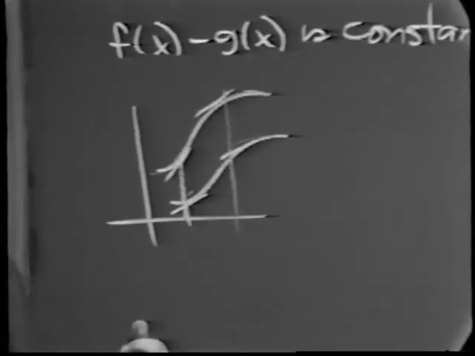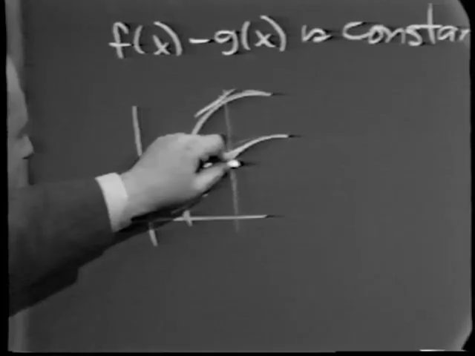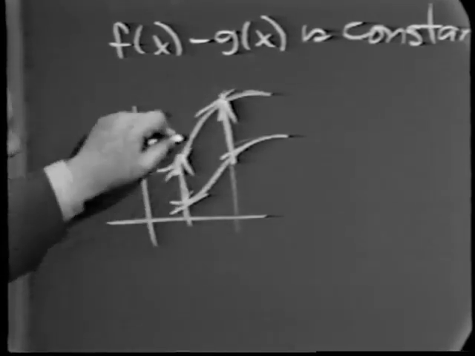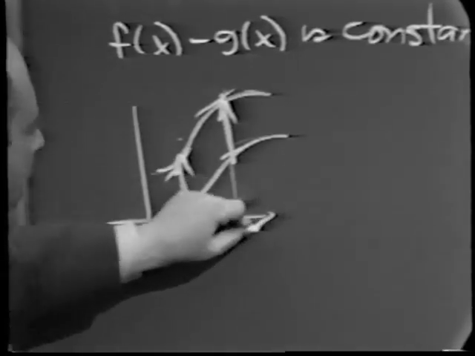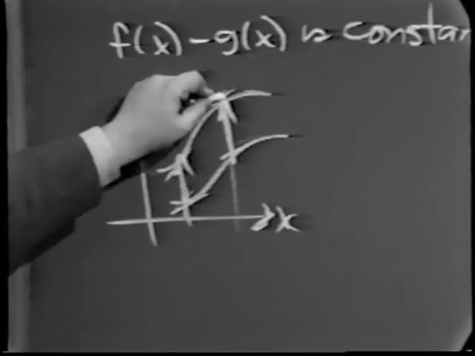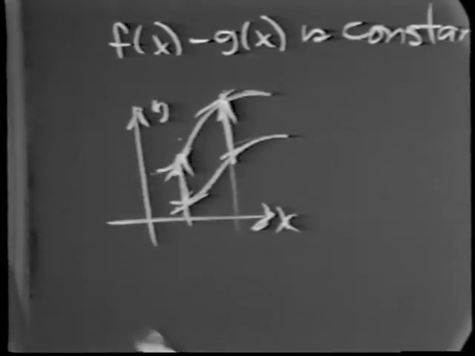And what's a way of stating that two curves are parallel? That one is a constant displacement of the other. In other words, the geometric impact of two curves having the same derivative is not that the curves are the same, but that they're parallel.